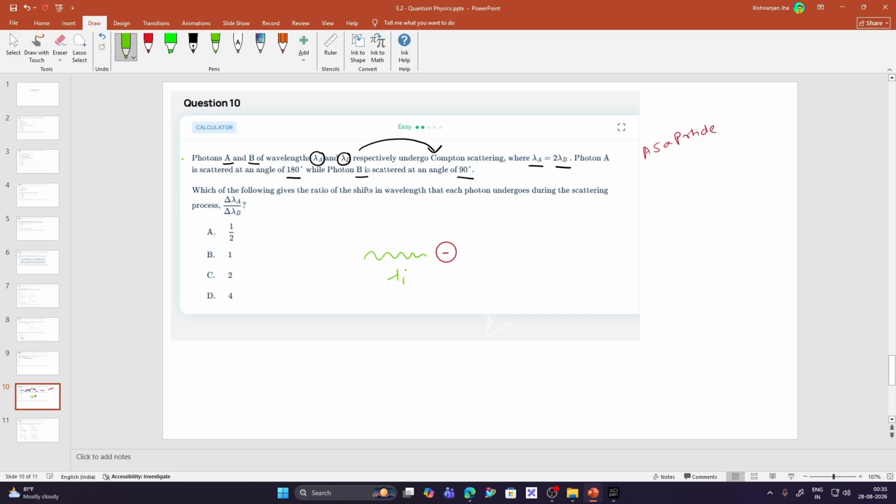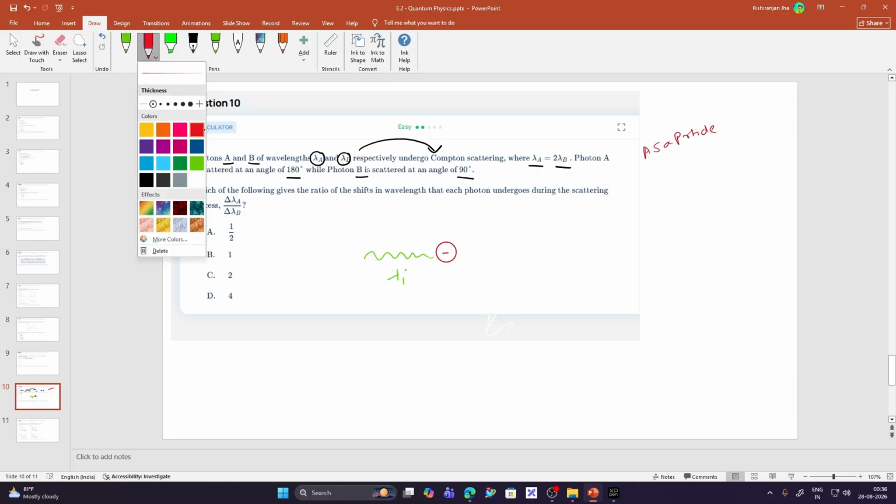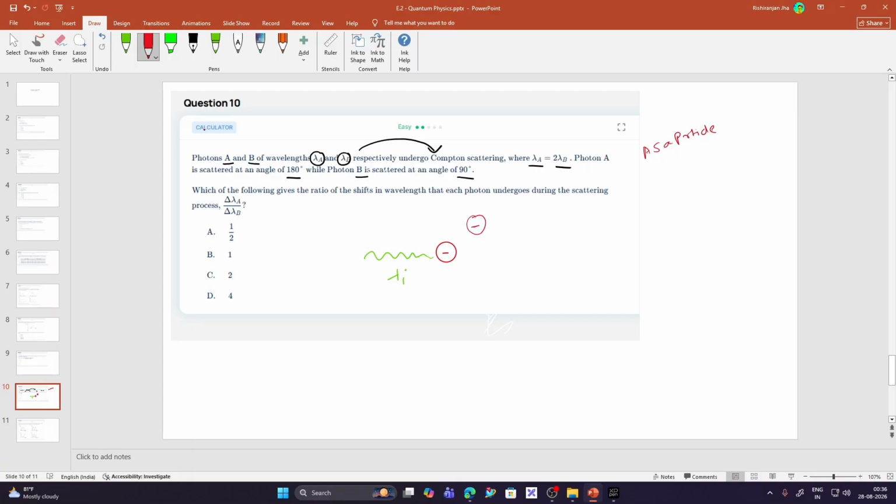After this photon hits the electron, always keep in mind the collision here is an elastic collision, not inelastic. So this electron will deflect to a certain position.